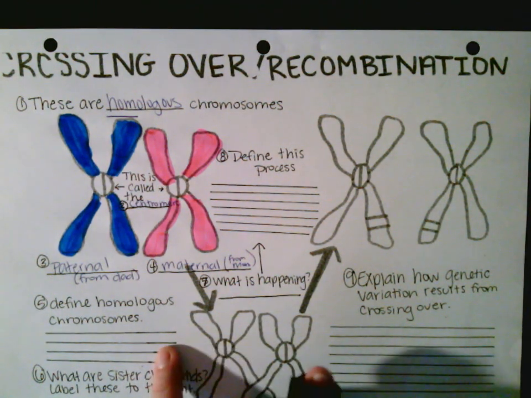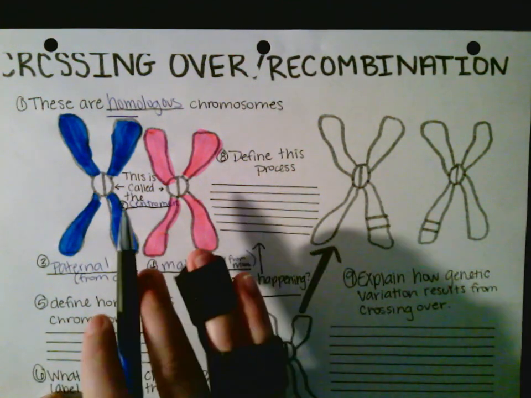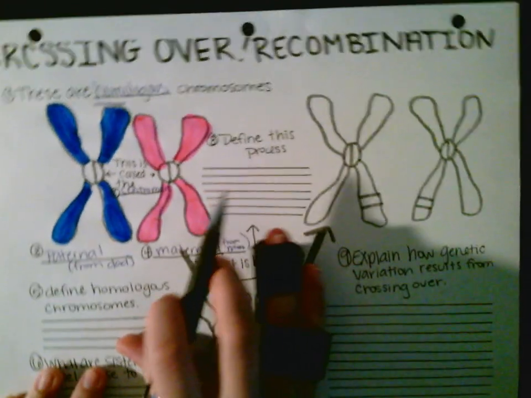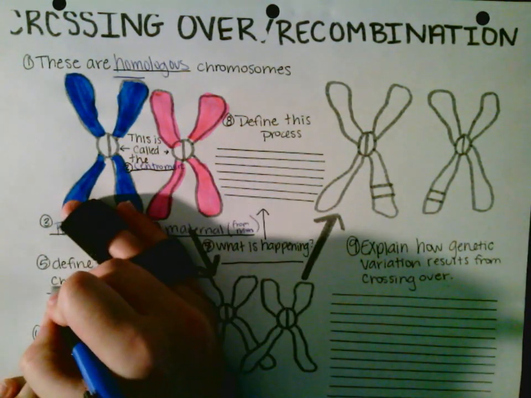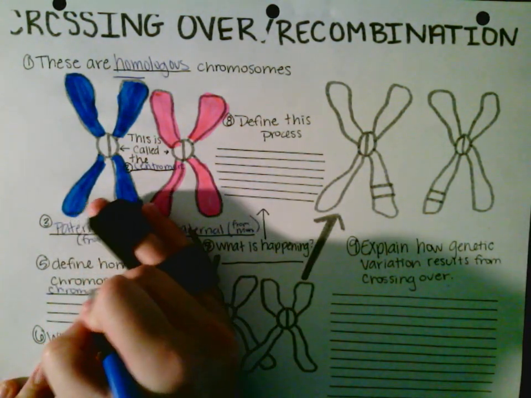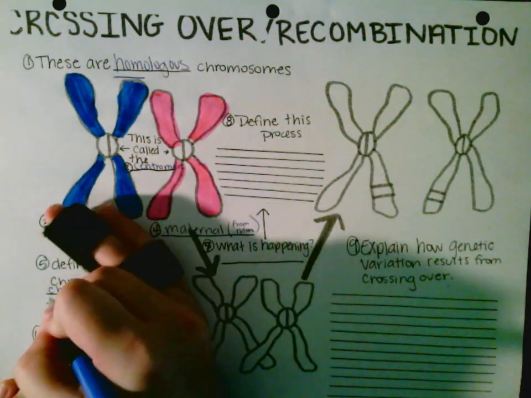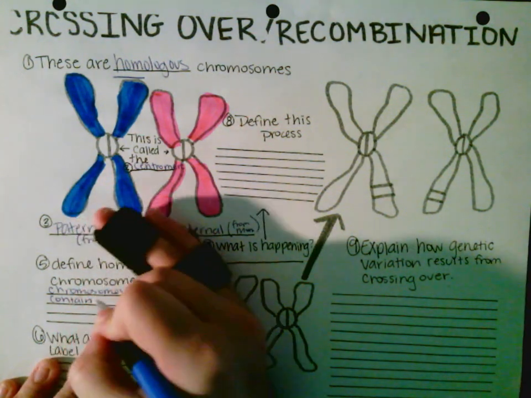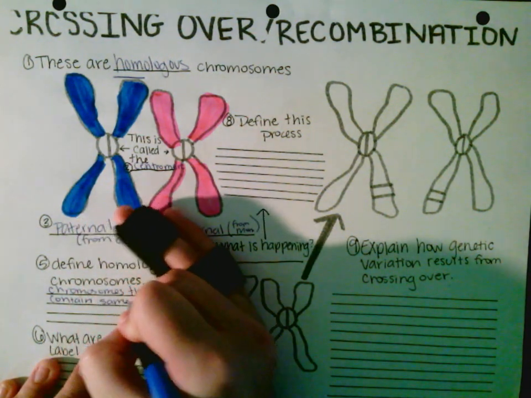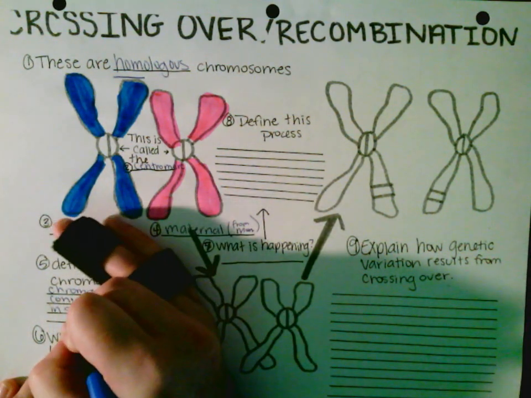Now if we go to number 5, it says define homologous chromosomes. So we have to define what makes these two chromosomes homologous. And that just means that there are chromosomes that contain the same traits in the same order.